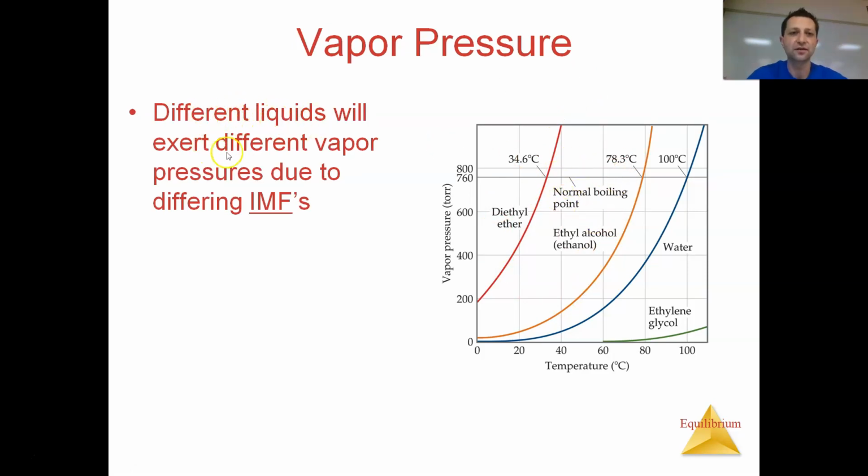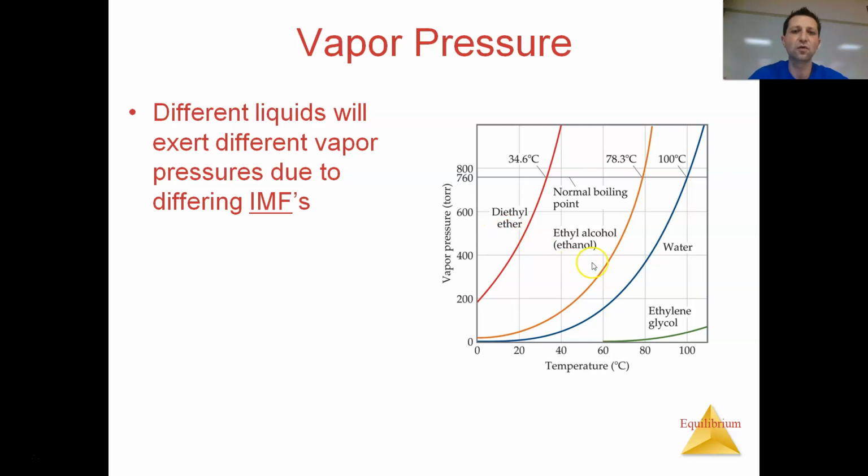So different liquids will exert different vapor pressures due to differing intermolecular forces. So again, we're tying in intermolecular forces from our previous unit, and we're seeing how they affect vapor pressure. So this is the exact curve we looked at in our previous unit. We have diethyl ether, which is very London dispersion-y. Okay, there's really no hydrogen bonding there, right?